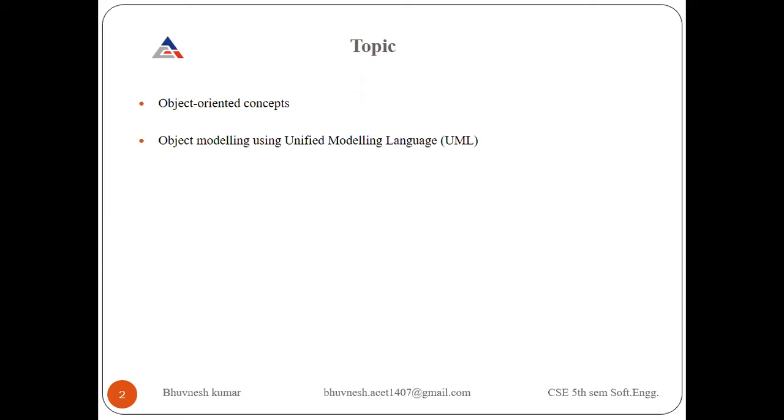When we design these, a language is used. This is not a programming language, but a visual language, called UML, Unified Modeling Language. It is a visual language used to show your system or your project in a graphical manner.